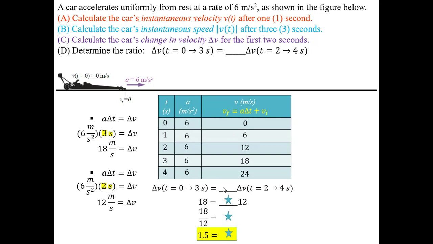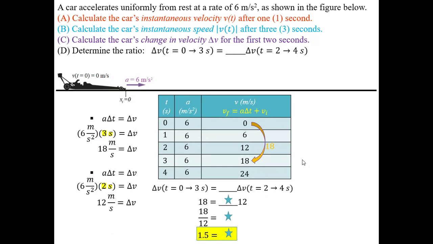All right. Other than that, if you understood the chart, here's how you can come up with 18 and 12 super fast, right? The statement initially says from 0 to 3 and then 2 to 4. Well, here you go. From 0 to 3, 0 second, 3 second, 0 meters per second, all the way to 3 second, which is 18. So what's the difference there? 18. Okay, so I'm trying to make a point here.